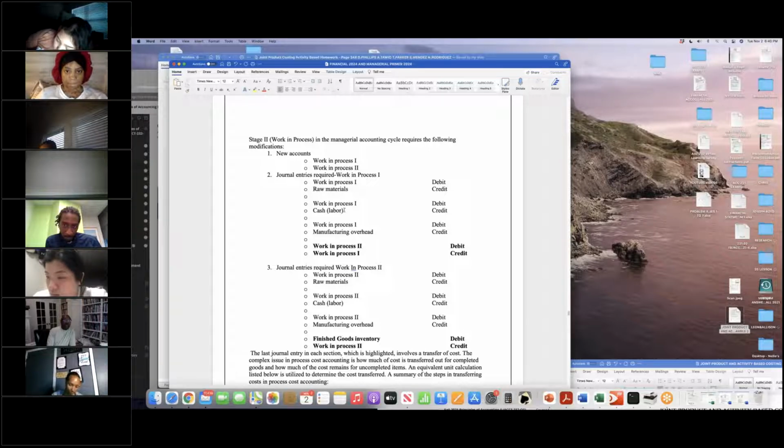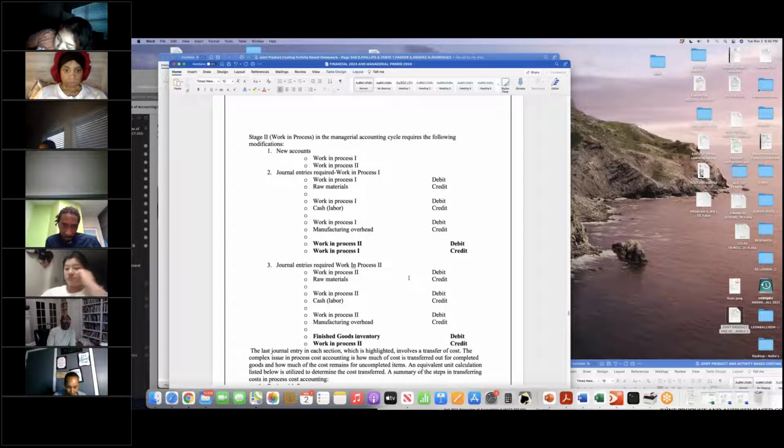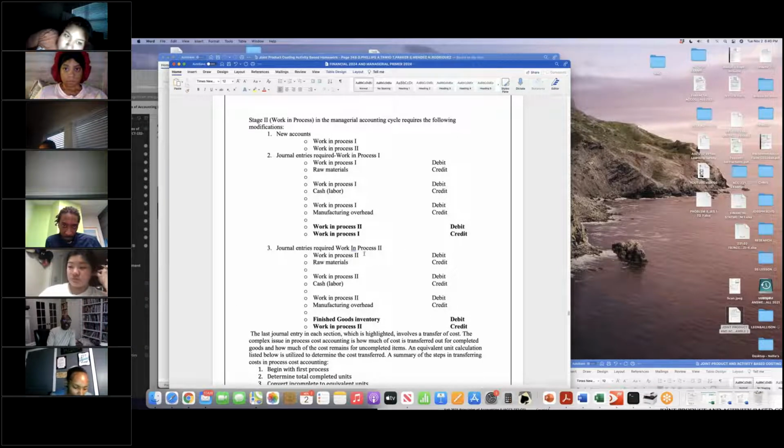We're going to calculate these costs and then transfer from work in process 1 to work in process 2. Then in work in process 2, we're going to bring in the cost from work in process 1. Add the raw materials, labor, and overhead and come up with a total cost.